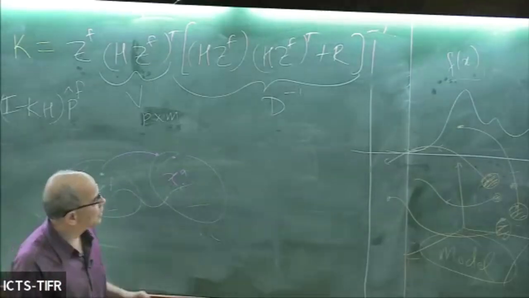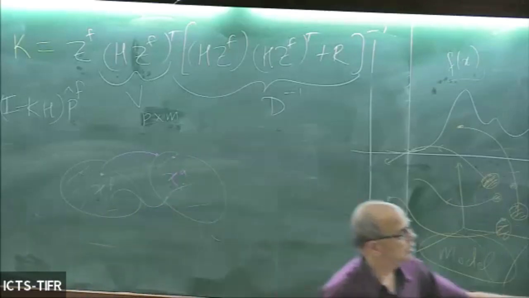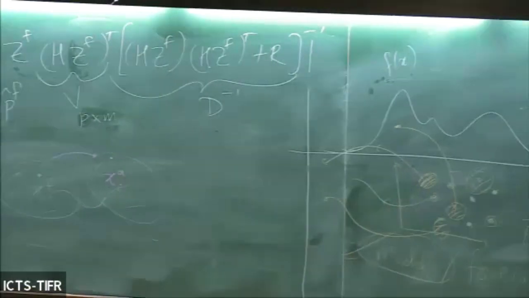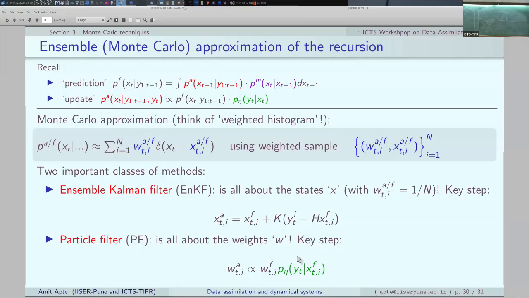In the particle filter, though, we are not dealing with changing x at all. x_i^a is equal to x_i^f. The particles don't change, the positions don't change, the weights are updated, which means that a pictorial representation is as follows.